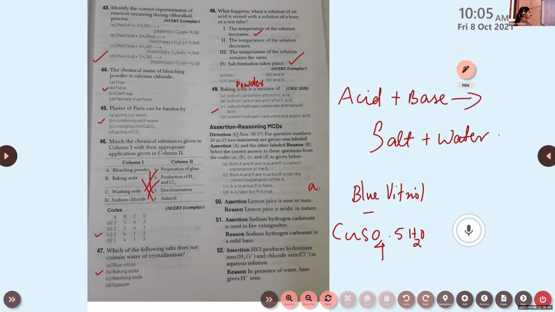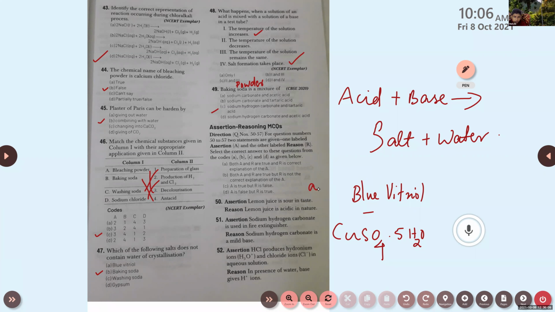Then question number 51. Assertion: sodium hydrogen carbonate is used in fire extinguisher. Reason: sodium hydrogen carbonate is a mild base. Look at the uses of sodium hydrogen carbonate.